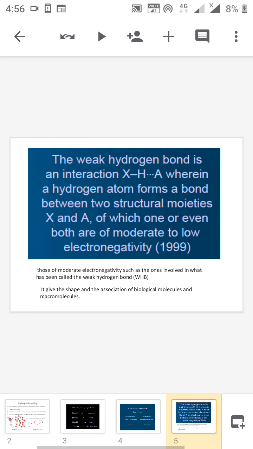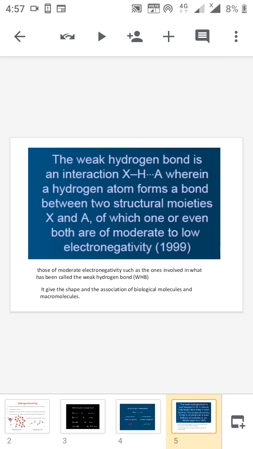Now we are moving into the very weak hydrogen bonding that exists in supramolecular chemistry, and the majority of very weak hydrogen bonding exists in biological molecules and macromolecules. Very weak hydrogen bonding is an interaction between the hydrogen and acceptor, where the hydrogen atom forms a bond between two structural moieties X and A, of which one or even both are of moderate to low electronegativity.